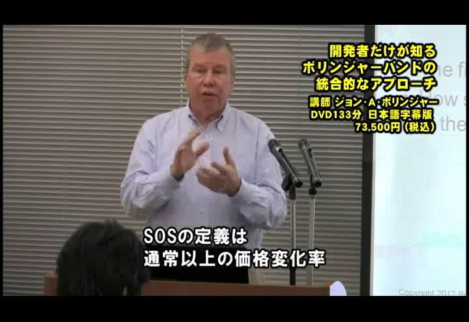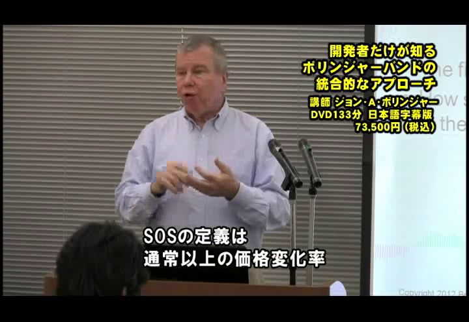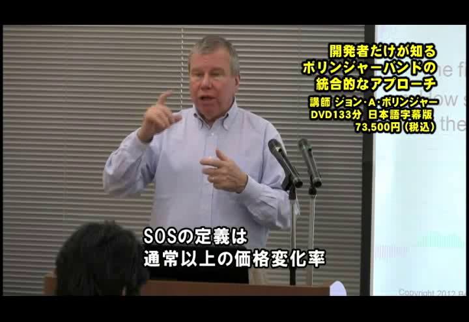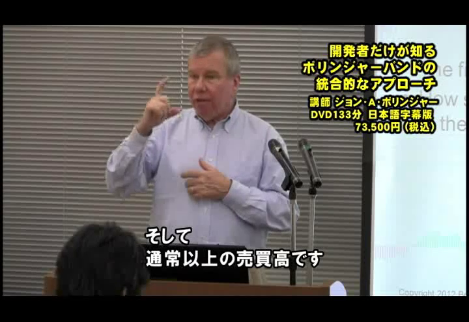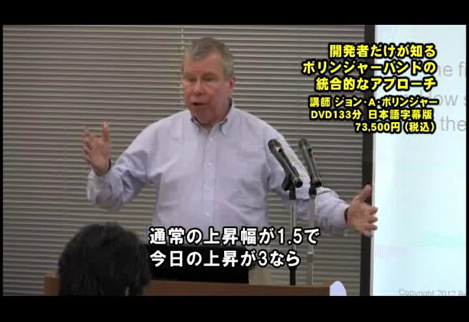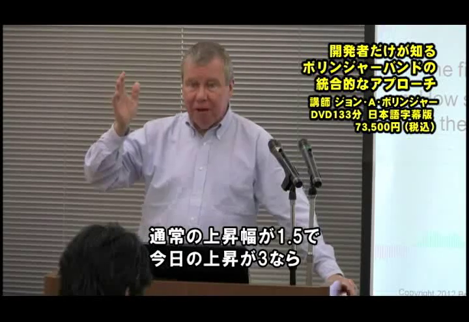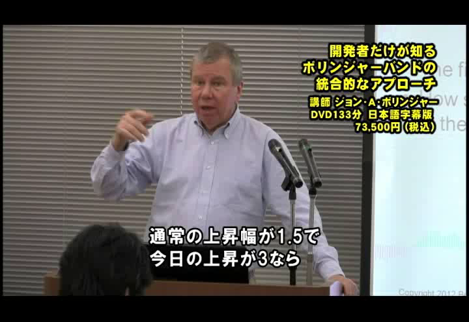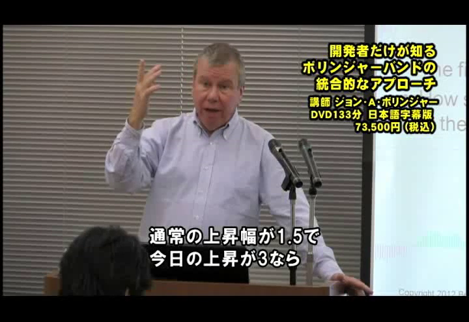The definition of a sign of strength is a day of greater than average price change and greater than average volume. So if on average price rises by 1.5 points on up days, then today's price rise is 3.